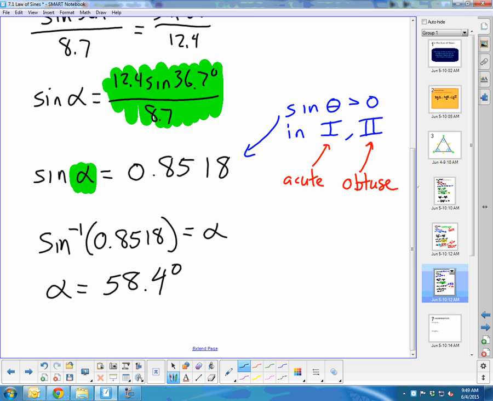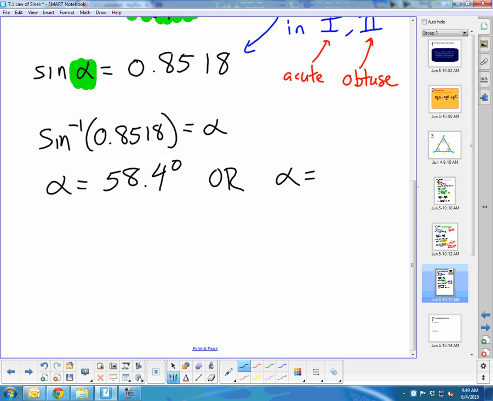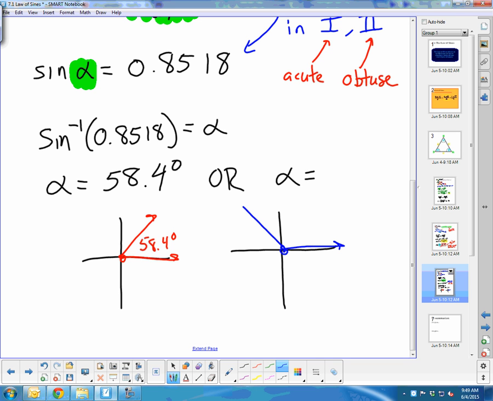But alpha could also be a second quadrant angle, an obtuse angle, and that second possibility is going to be the angle that uses 58.4 as a reference angle. So in standard position, if I want a second quadrant angle, I would want this to be 58.4 degrees, so that it uses that as a reference angle.